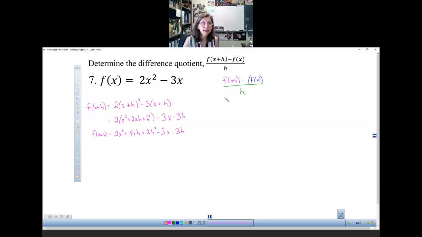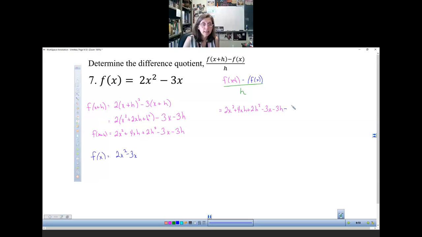And so now my difference quotient, 2x squared plus 4xh plus 2h squared minus 3x minus 3h. And now, oops, I forgot, didn't I? I forgot to write your f of x over here. That's 2x squared minus 3x. You may not want to do that, I just think it's helpful.